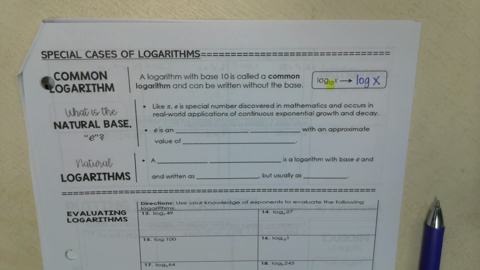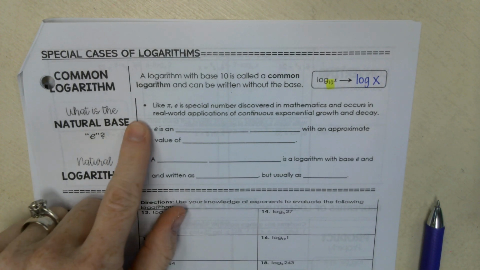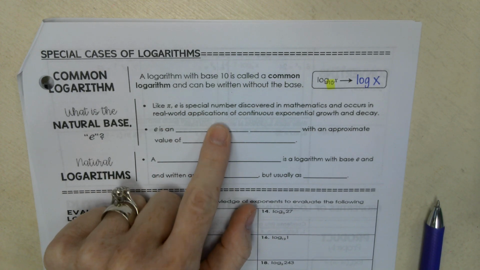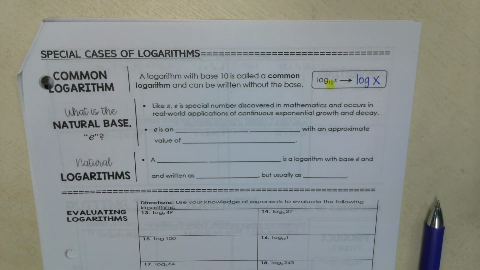Kind of like a square root with a 2 in the index, or an x with a 1 as the coefficient. Okay? All right. Then right here, what is the natural base e? Like pi, e is a special number discovered in math and occurs in real-world applications like bank accounts and interest. Things that will matter to you beyond high school.